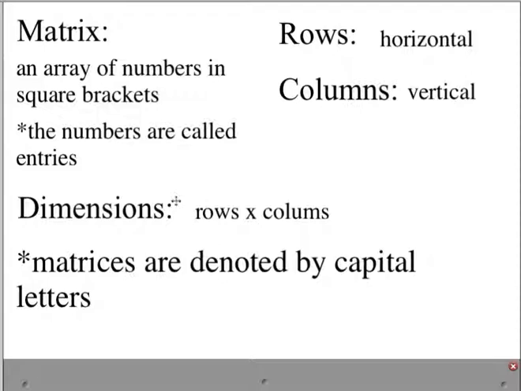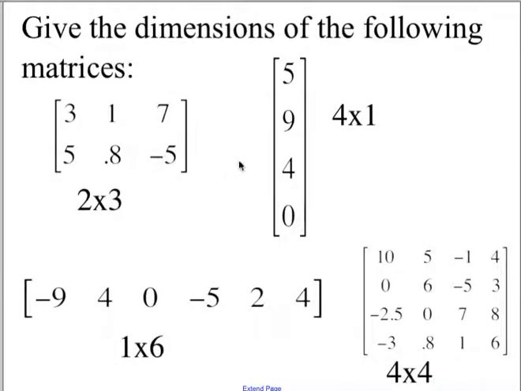So knowing that dimensions are rows by columns, let's take a look at these four matrices. On your notes you have a first matrix that reads 3, 1, 7, 5, 0.8, and -5. This is a 2 by 3 matrix because there are 2 rows, that's how many horizontal rows there are, and then there are 3 columns, 1, 2, and 3.